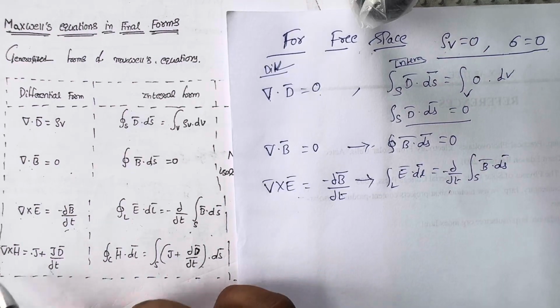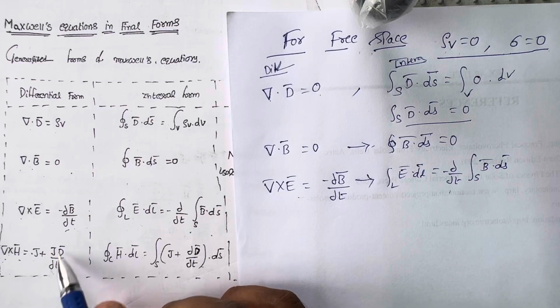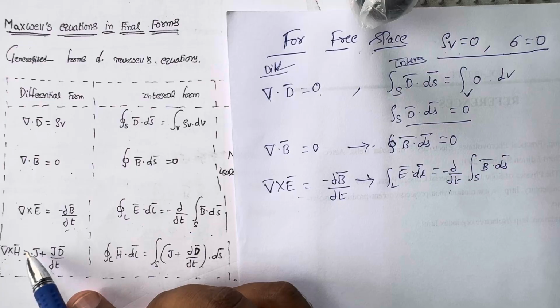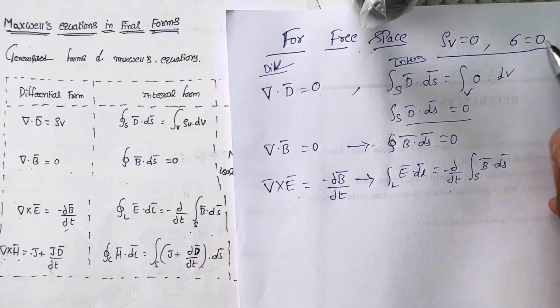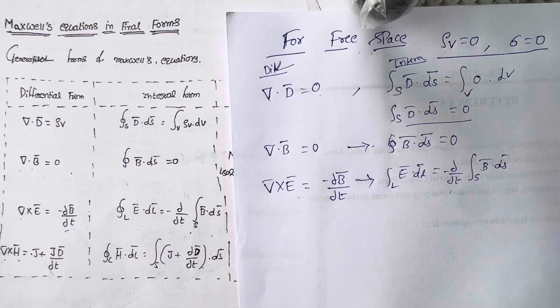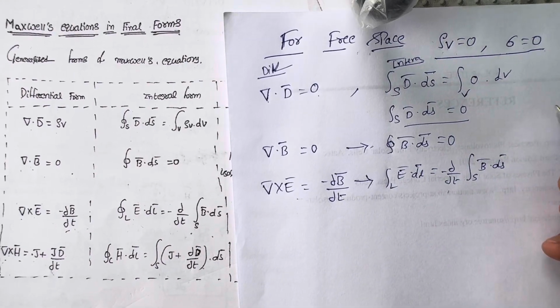And look at the fourth one. Del cross H bar equal to J bar plus dou D bar by dou t. Here we have to substitute J bar, which involves sigma.